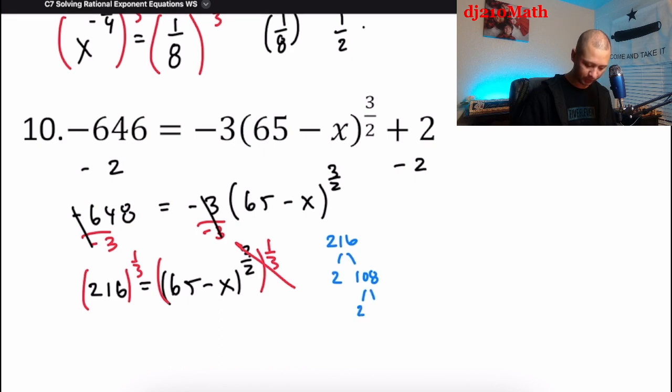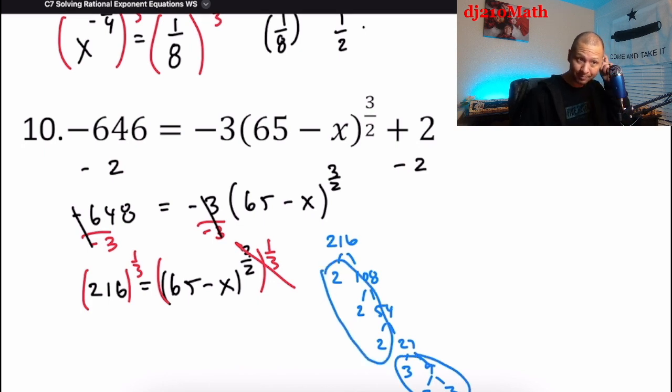Using 2 again, 54. 2 is going to be 27. 3 and 9. 3 and 3. So this is a cubed root, so I want groups of 3. Those are 2. I went off the screen. Okay, well, either way, it's 2 and 3. So 2 times 3, because you're multiplying when they come out, is going to be 6.